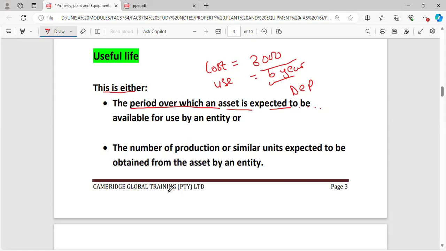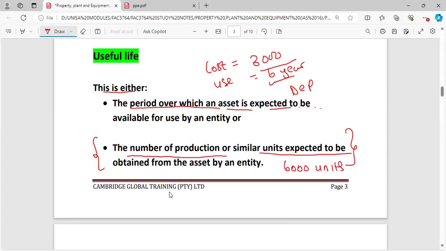The useful life can also be years or the number of production or similar units expected. You will see in some of the questions, you will be required to calculate depreciation using the number of production or similar units. So here they will give you like the machine can only produce, let's say 6,000 units.